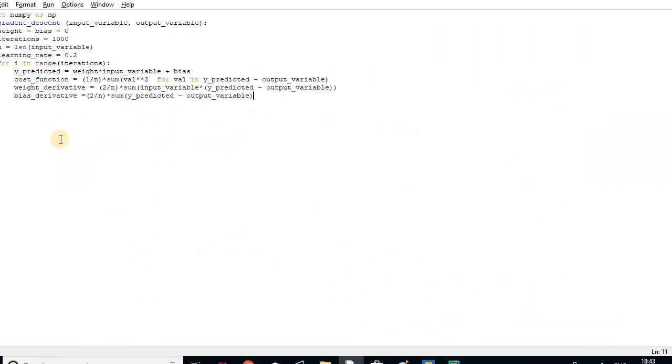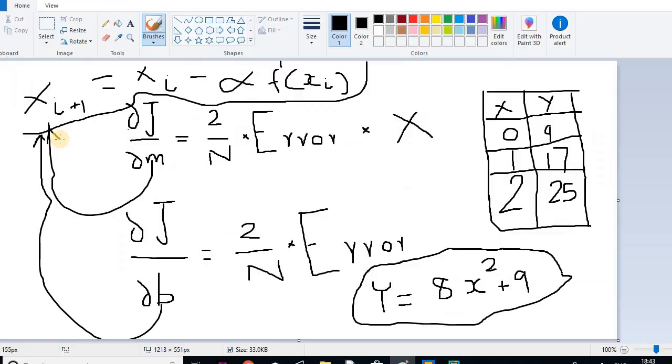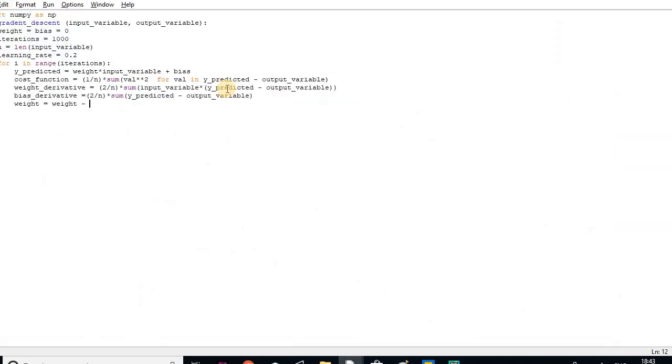So we are going to write that equation. Here m is the weight. So weight is equal to weight minus learning rate, alpha. Here we have written it as alpha. This alpha is the learning rate.